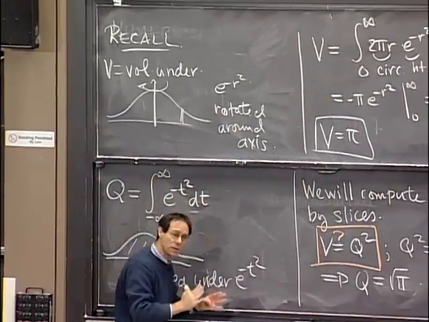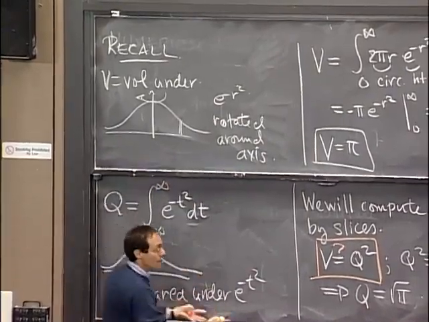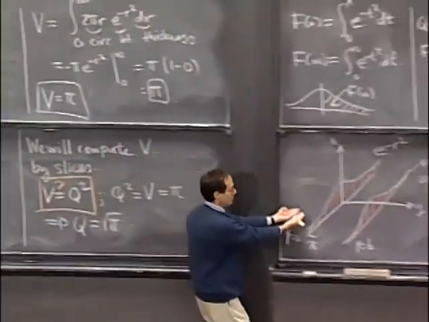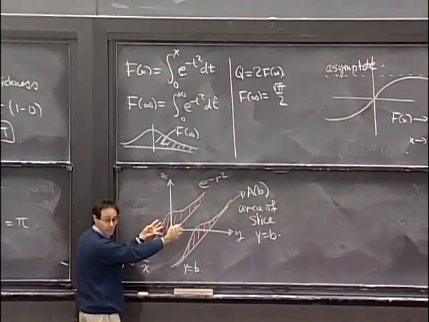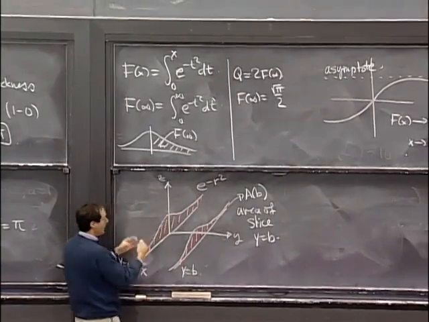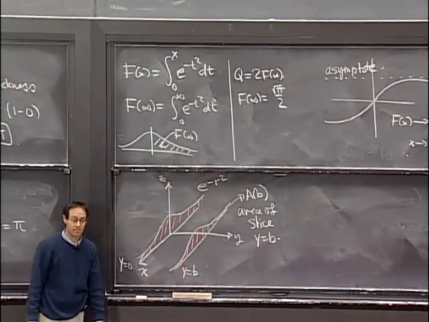But now I'm going to take a different kind of slice. I'm going to take that same bump, which is a 3-dimensional object. I'm going to lay it down on a plane, which looks like this, and then it's a bump here. All right? It's a hump. And now I'm going to try to slice it by various planes.